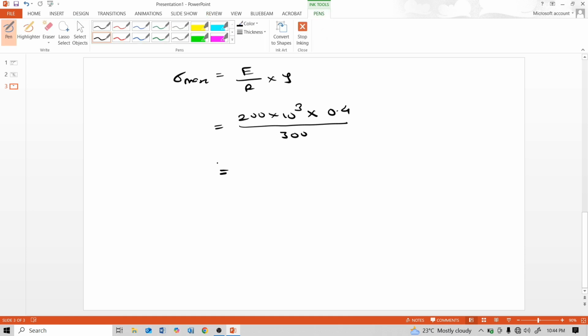So 200 into 10 raised to 3 into 0.4 divided by 300 gives the maximum flexural stress developed, 266.67 MPa. This is the maximum flexural stress developed, 266.67 MPa.